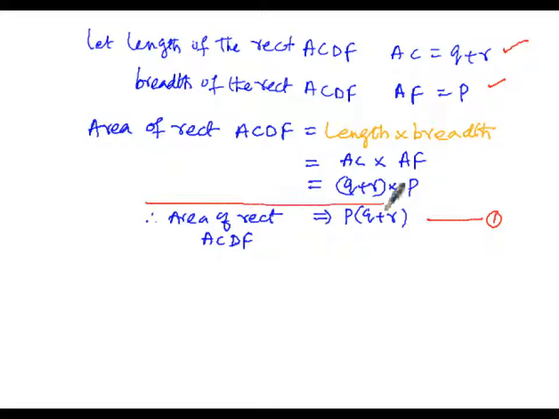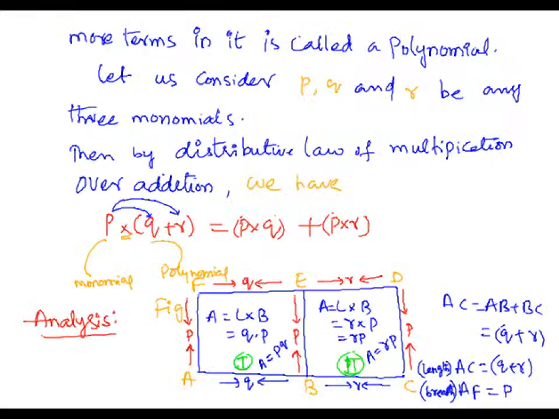Then later, to get the area of this rectangle ACDF, the area of the first rectangle plus the area of the second rectangle gives us the area of rectangle ACDF.